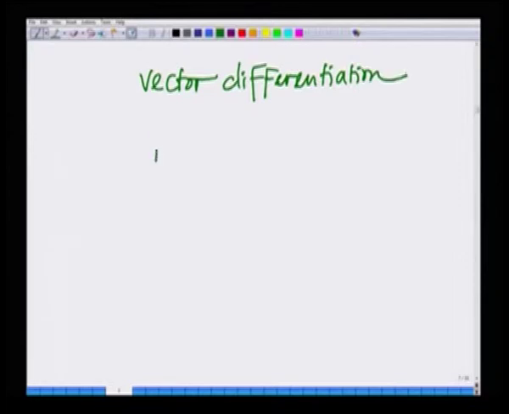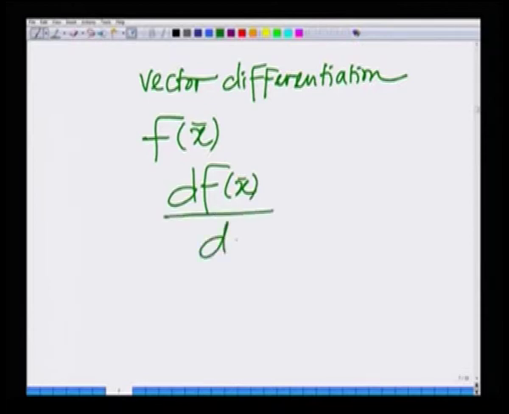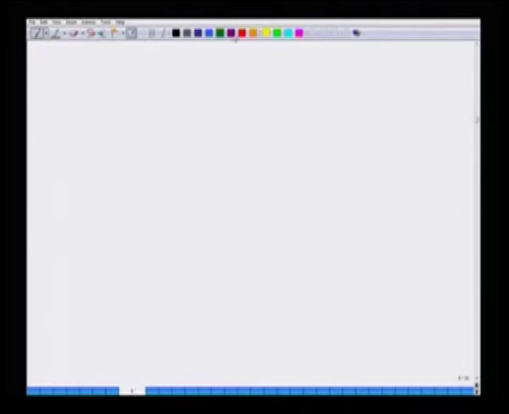That is, if there is a function f which is a function of a vector quantity x bar, how do you differentiate f of x bar with respect to x bar? The answer to that is simple. Let me write a column vector.